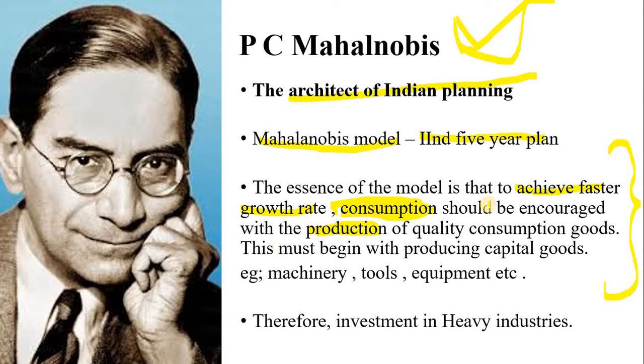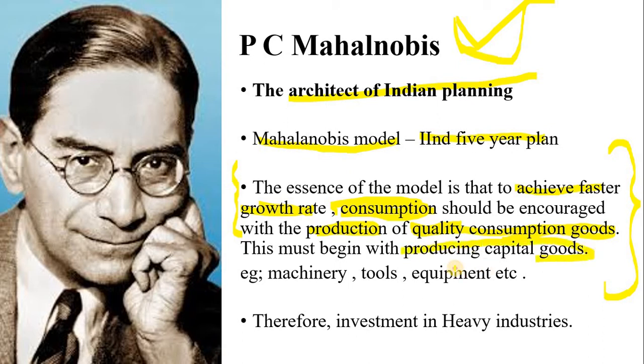So when consumption increases, the production also increases and the quality of goods increases over a period of time. So the quality of consumer goods increases. When this happens, there is a faster growth rate because more and more industries start producing these goods. To produce mobile phones, because there is more and more demand, they'll come up with better technologies.